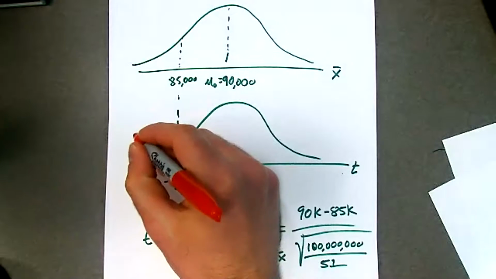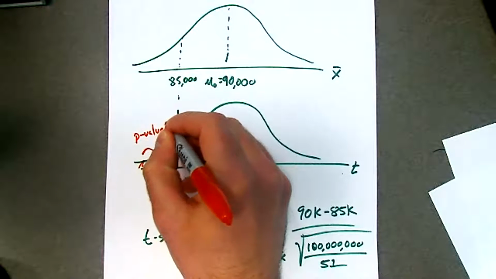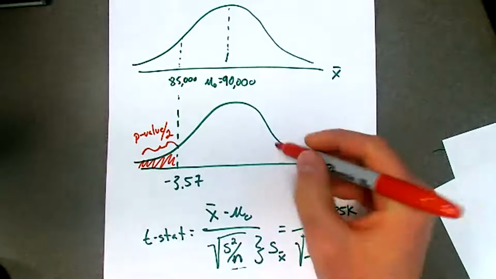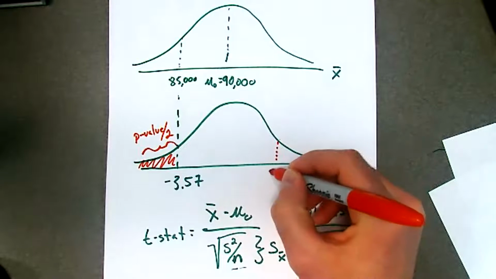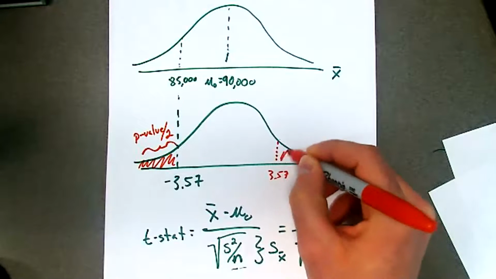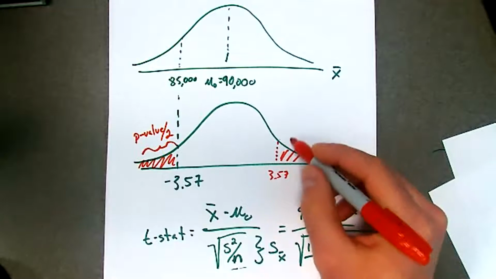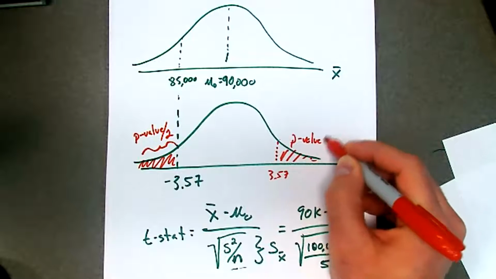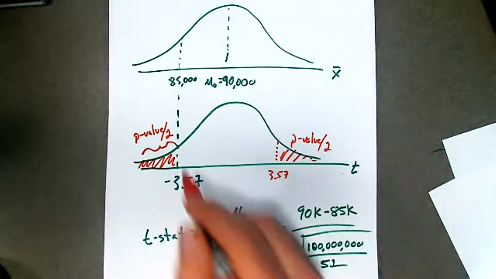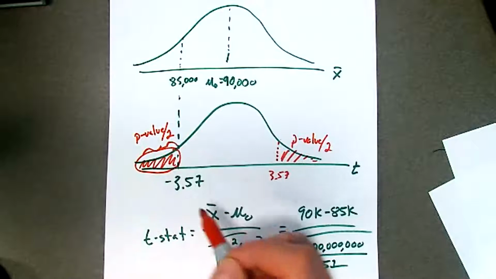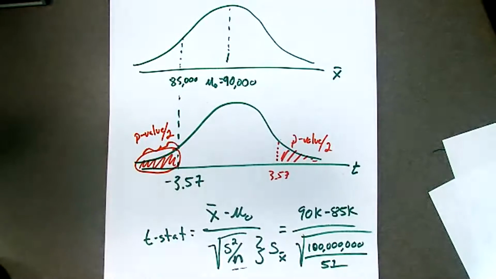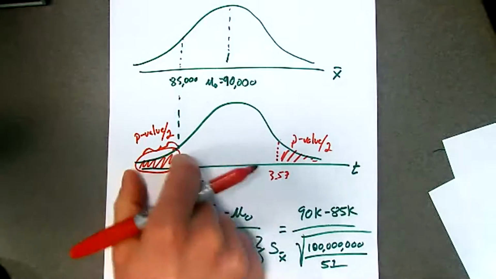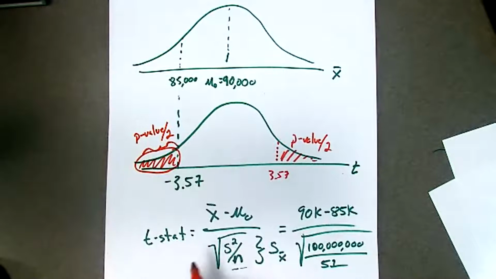So this actually only represents half the p-value. It would have been equally as likely for me to see something 3.57 standard deviations above the mean or further, so the other half of my p-value is in the other tail. If I could find this area, I could multiply it by 2, and that would give me my total p-value because there are two tails of equal size.